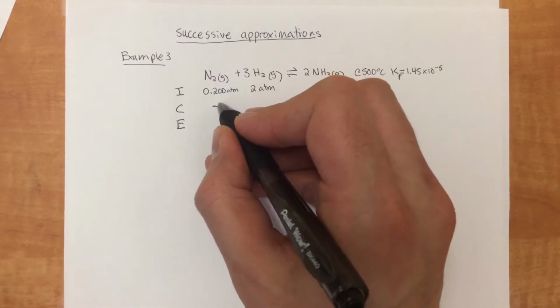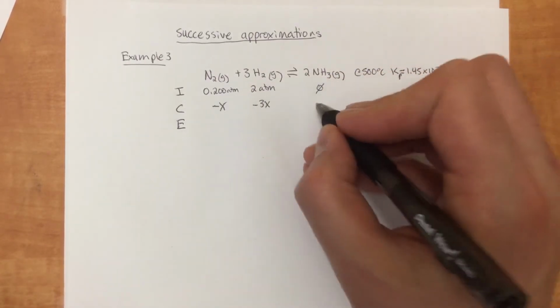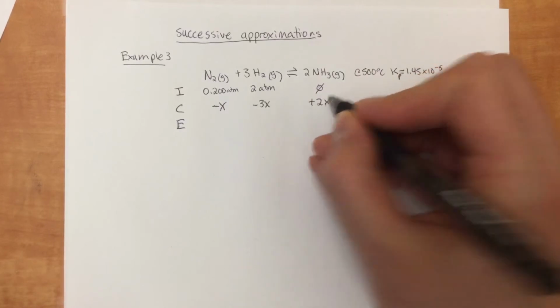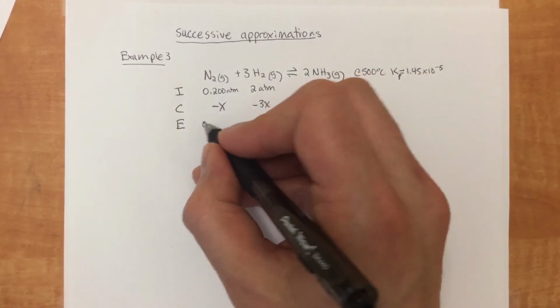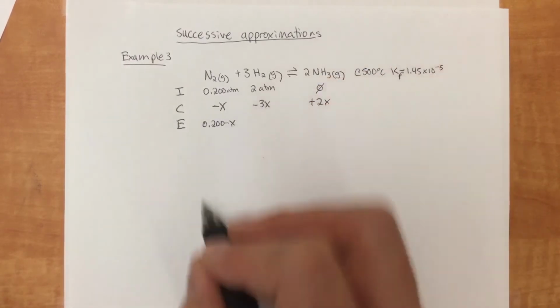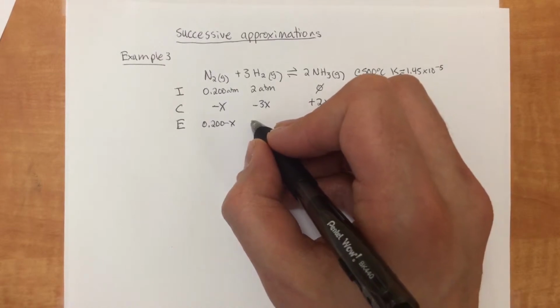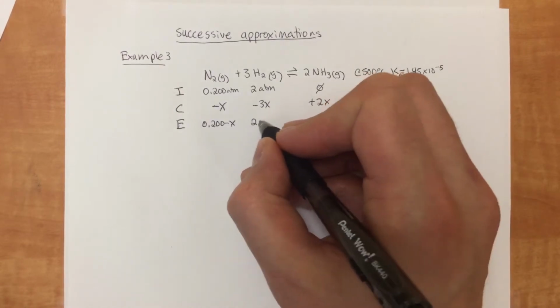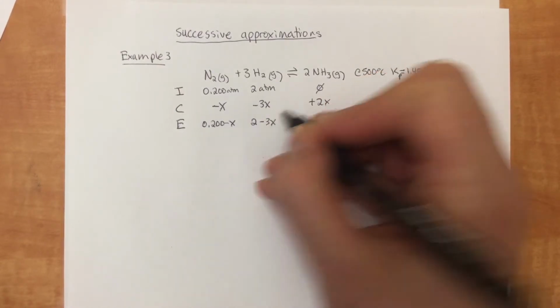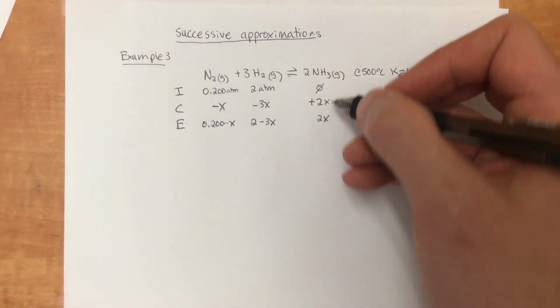So we are going to lose 1x here, 3x here, and gain 2x. So our equilibrium concentrations, or pressures, sorry, 0.200 minus x, 2 minus 3x, and 2x.